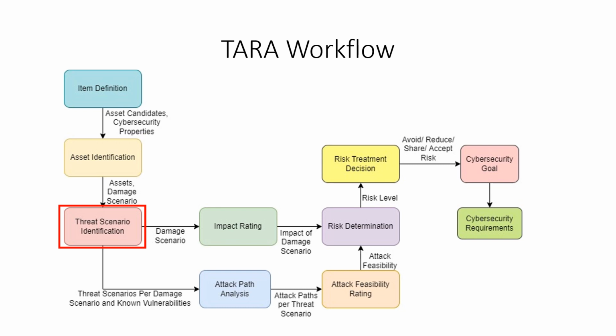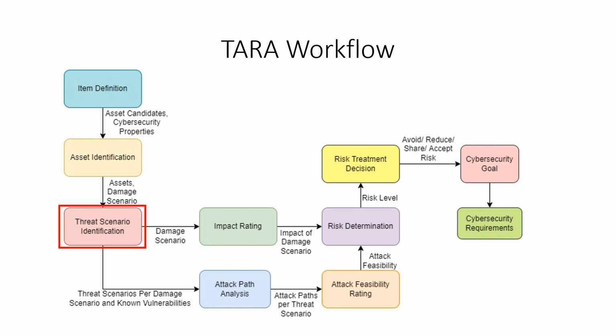The next is asset identification. In that, we are going to identify the security properties, and the damage scenario talks about possible consequences of a compromised security property. Threat scenario identification is nothing but identification of scenarios that might lead to compromised security properties of an asset.